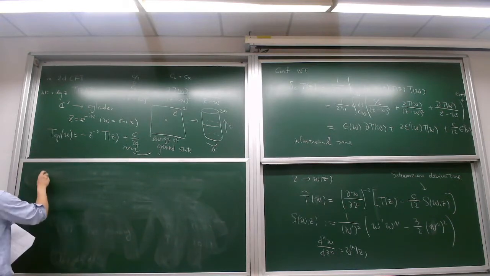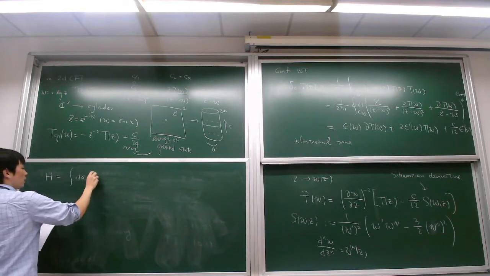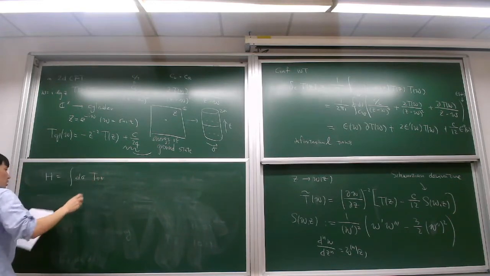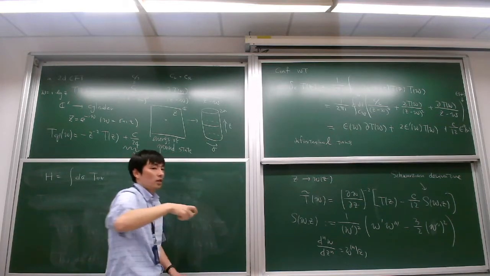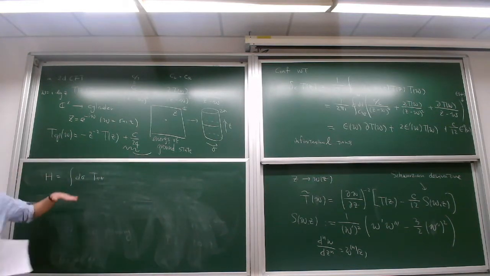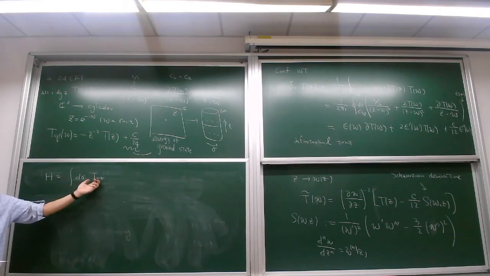For instance, the Hamiltonian is just the integral over sigma of T_tt. So sigma is the spatial direction, and T_tt is the energy part of what is called the energy momentum tensor.